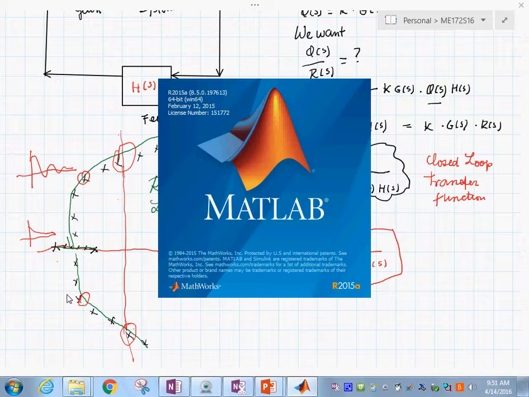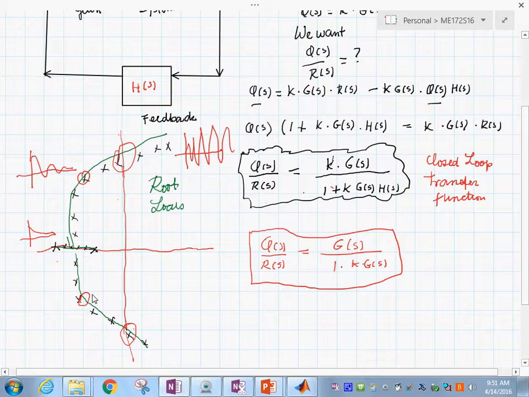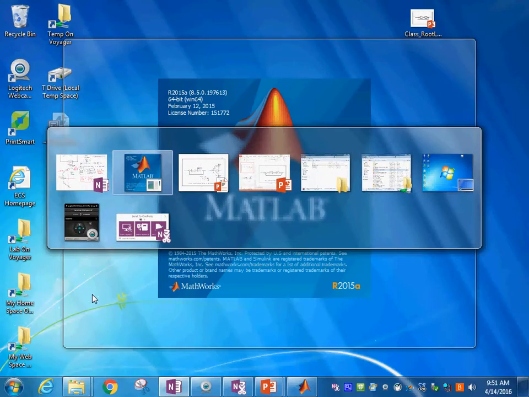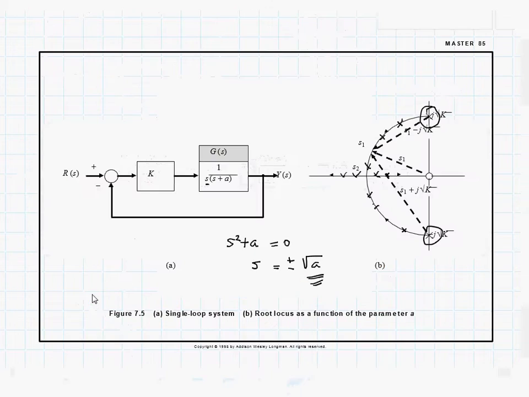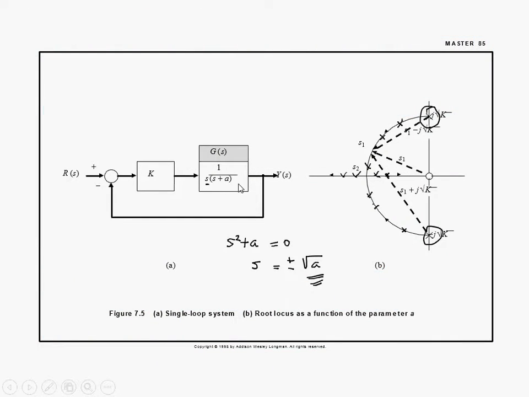MATLAB takes a little time to wake up on the system that we have, but let me just go back to what I was saying. We need to go back to the transfer function that we want, this one. So let's say that a is 5.